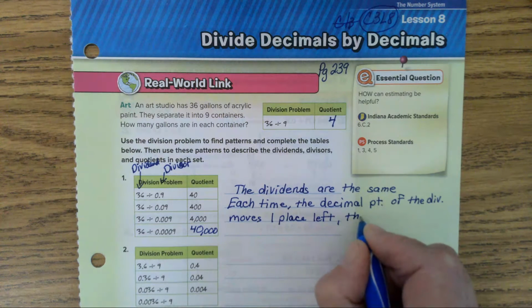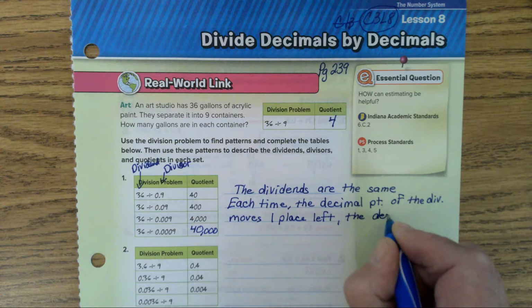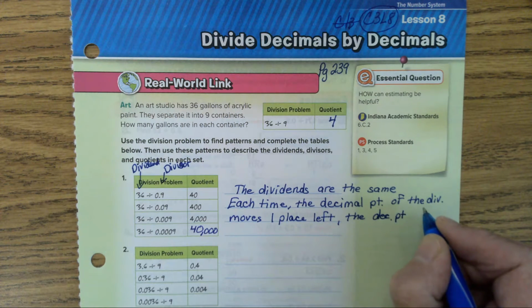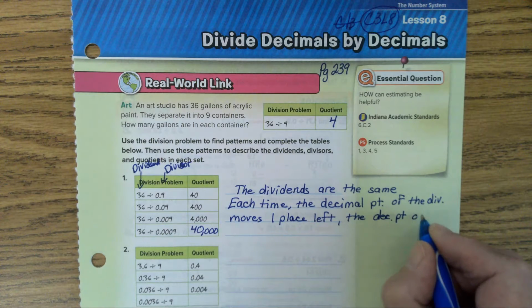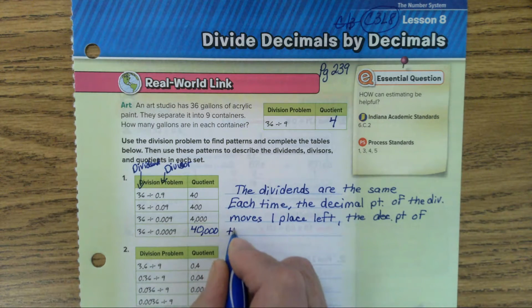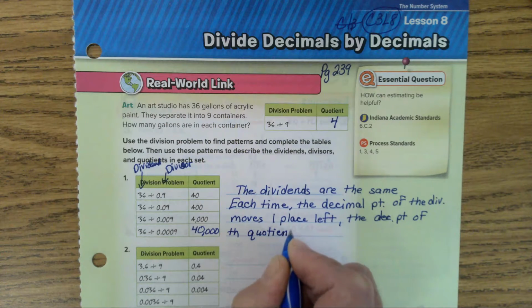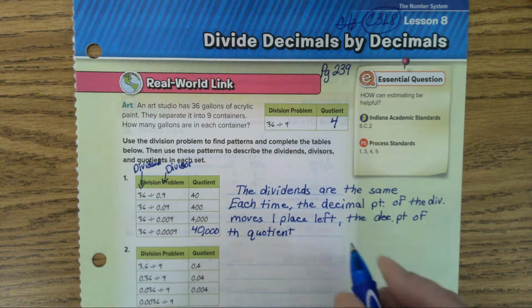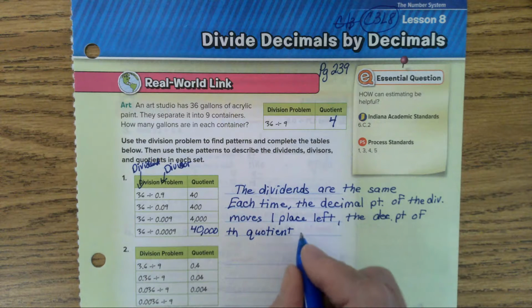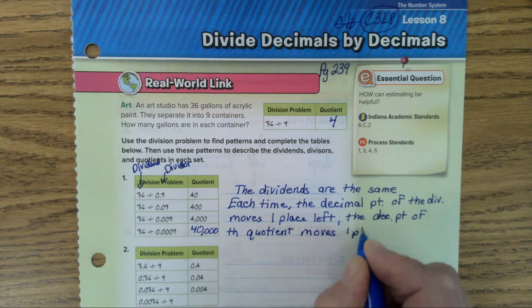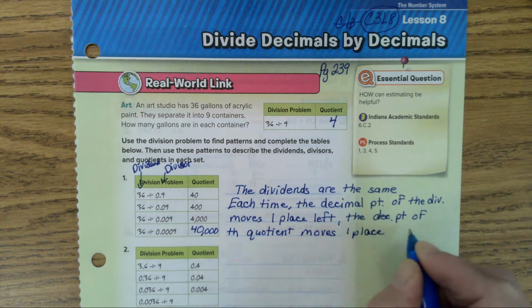The decimal point, DEC for decimal point, of the quotient, that's the answer, moves one place right.